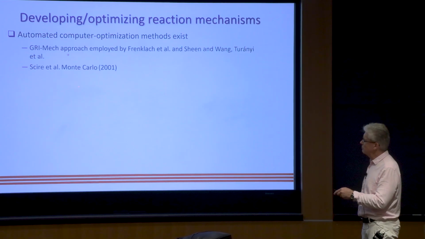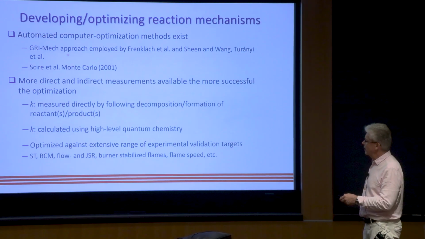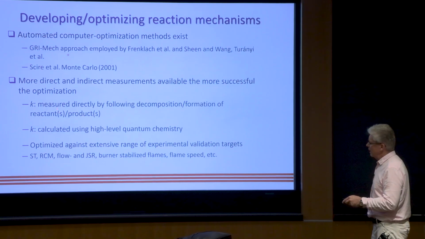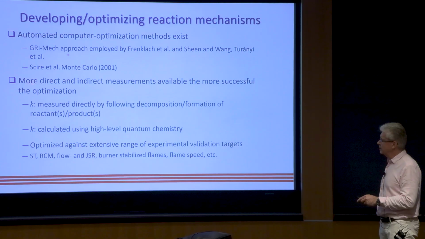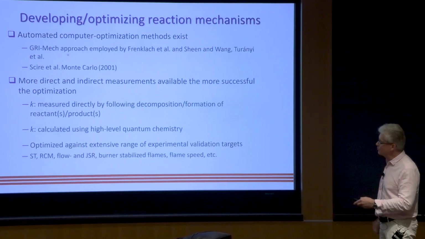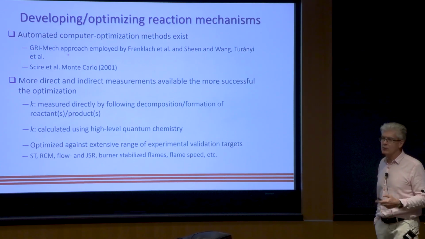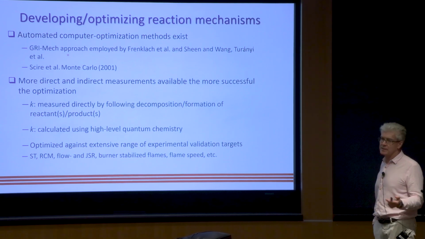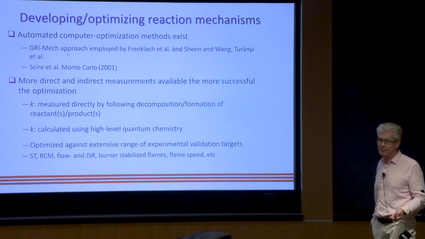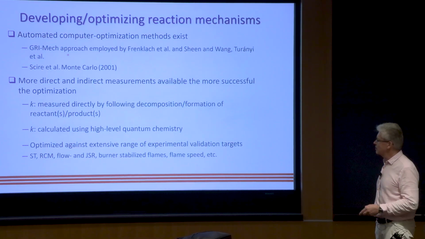Jim Seary used a Monte Carlo method in 2001, but really what comes from that is that the more direct and indirect measurements you have of rate constants, and the more accurate they are, the more successful the optimization. Which makes sense, right?